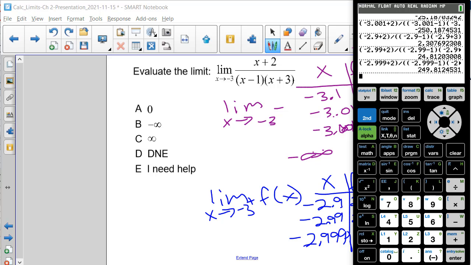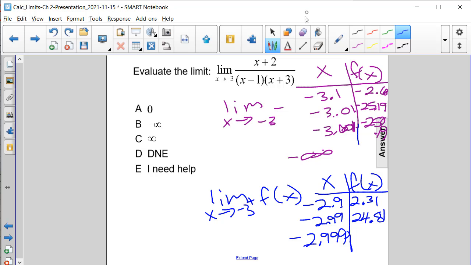And if we substitute negative 2.999 in for x and evaluate, we get positive 249.81. So we can see that this one is approaching positive infinity, and these two values do not match.